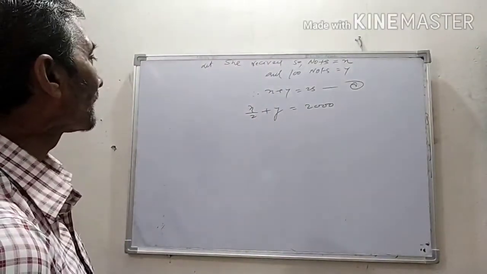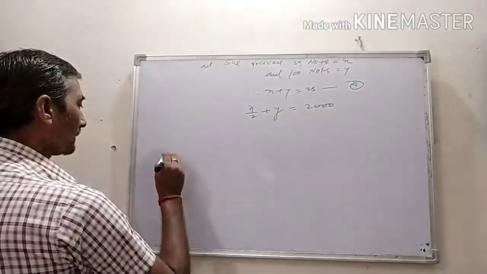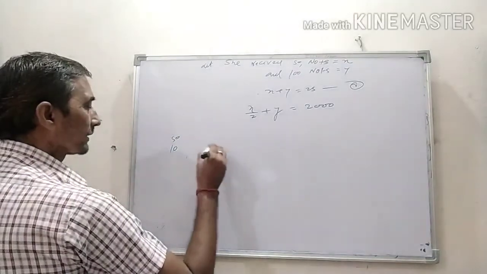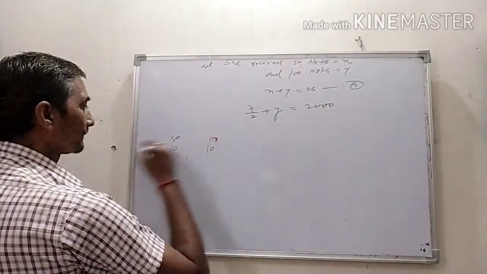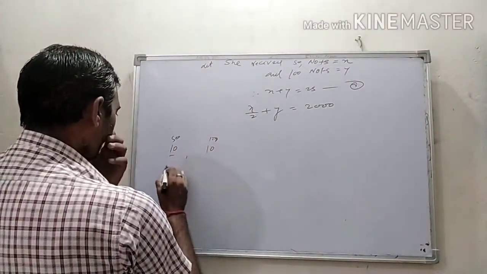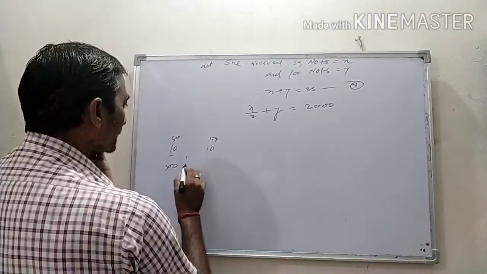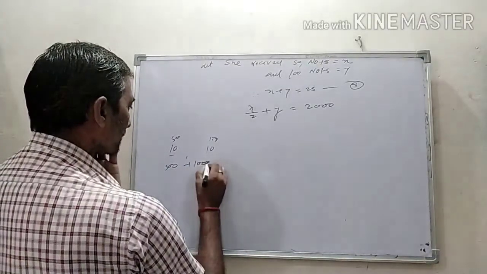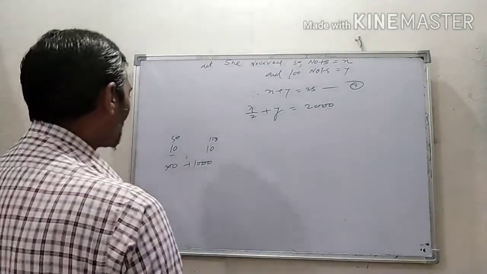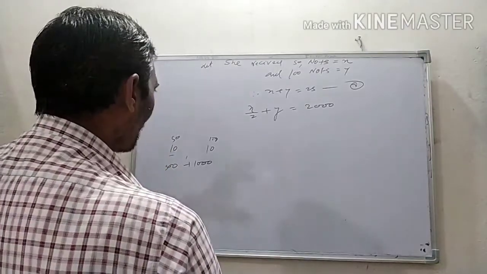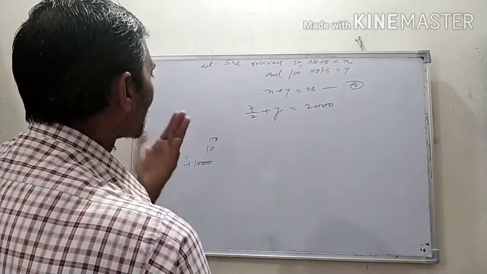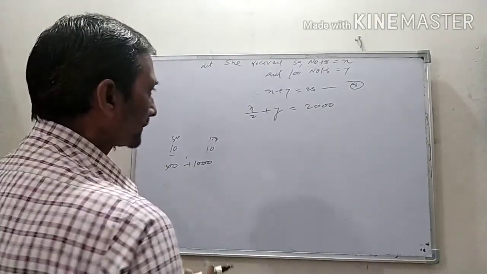Therefore, one minute. If 10 notes of 50 and 10 notes of 100, then 500 and 1000, total is 1500. The number of notes divided by 2, hundred. One minute.